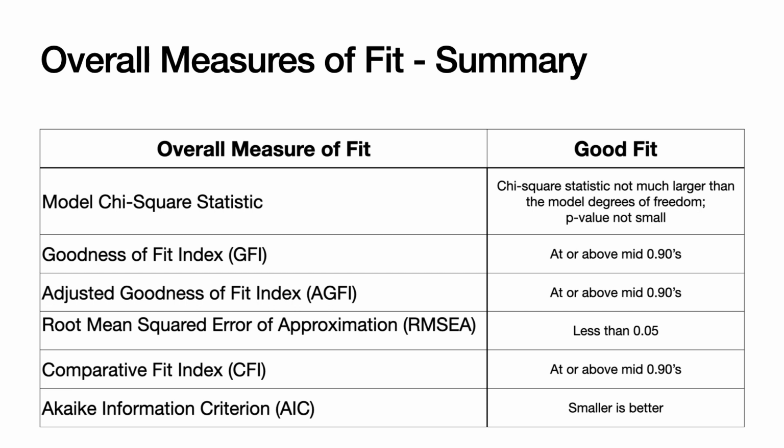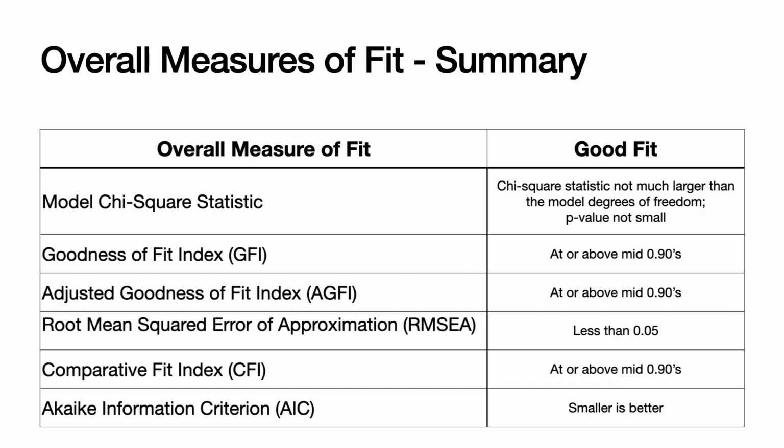When using the root mean squared error of approximation, we're looking for a value less than 0.05 to indicate a good fit of the model to the data, which is, again, the estimated covariance matrix for the manifest variables.